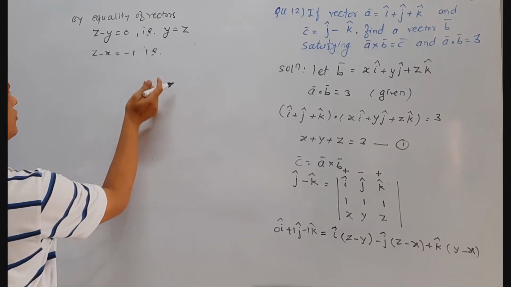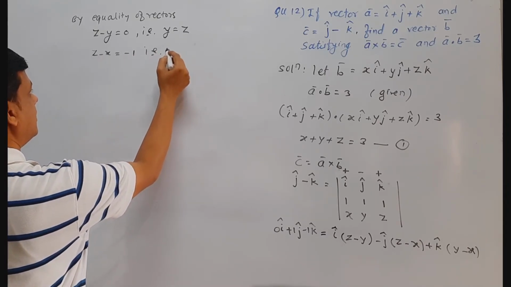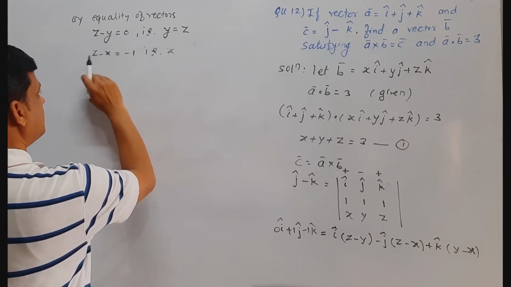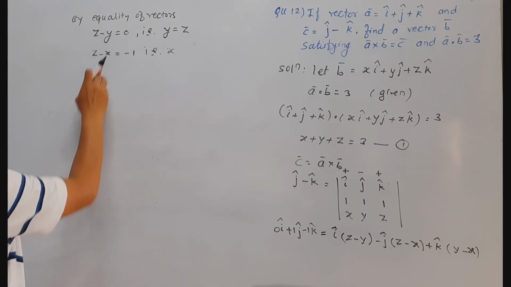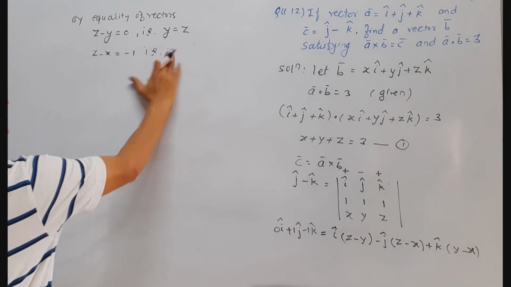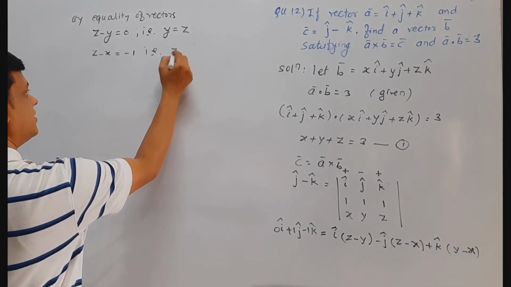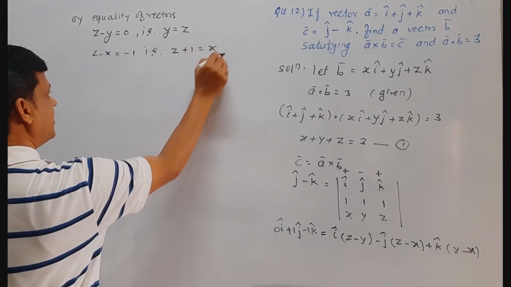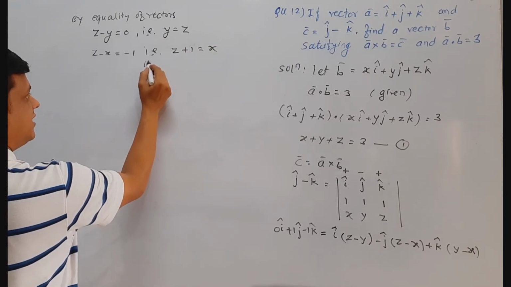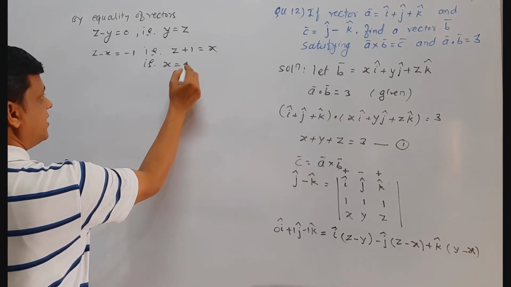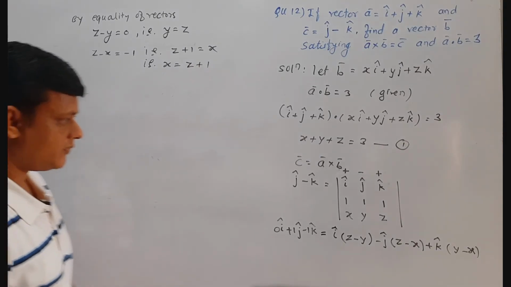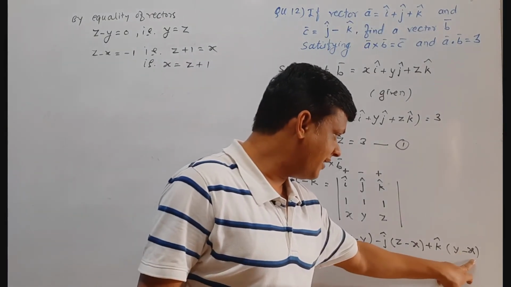When we transfer x to the right hand side, we get z plus 1 is equal to x, that is x is equal to z plus 1. Now last is y minus x.